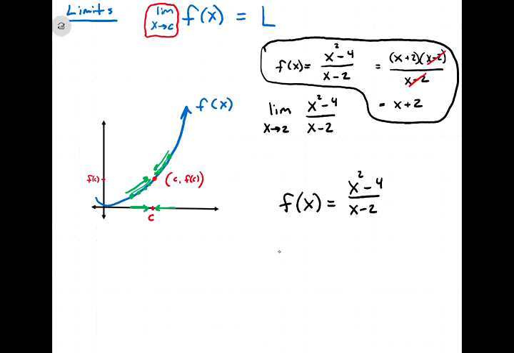Let's say we have another function, g of x, and we'll call that g of x as x plus 2. Well, are those two functions the same? For them to be the same, they have to have the exact same points, the exact same y values for any x value. So let's say we plug in a value for x, and we look at f of x, and we look at g of x.